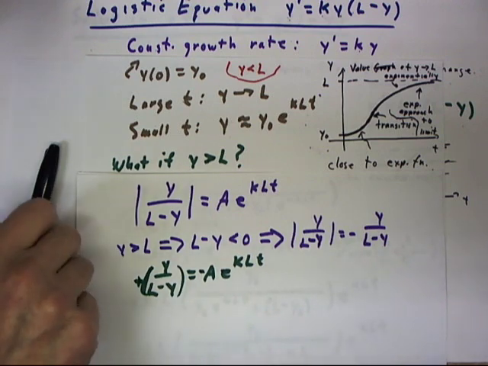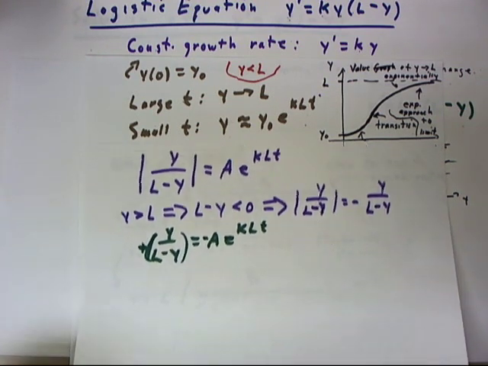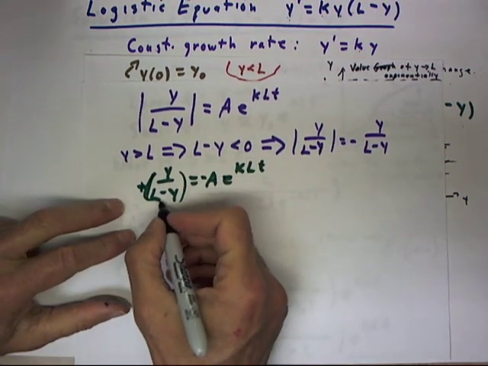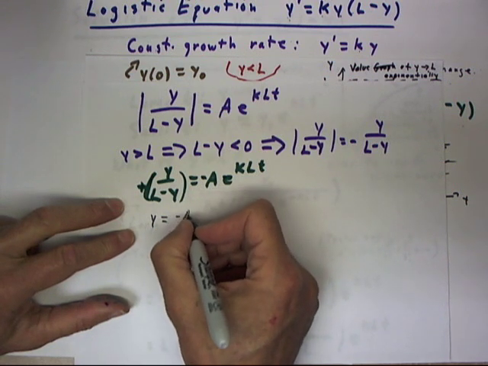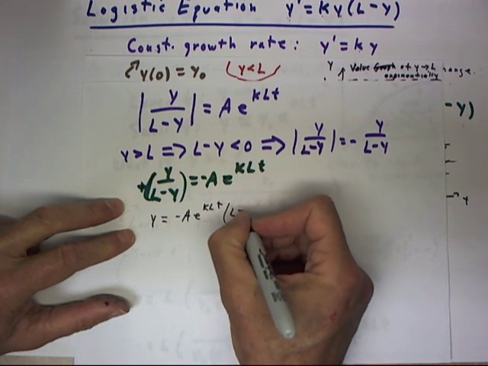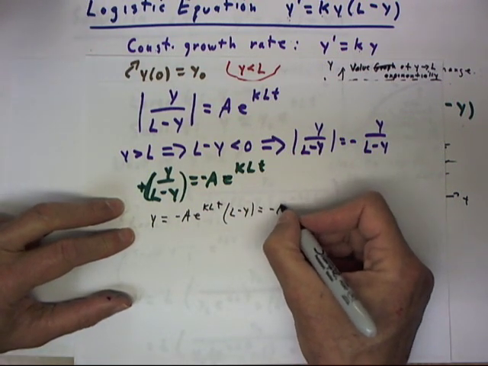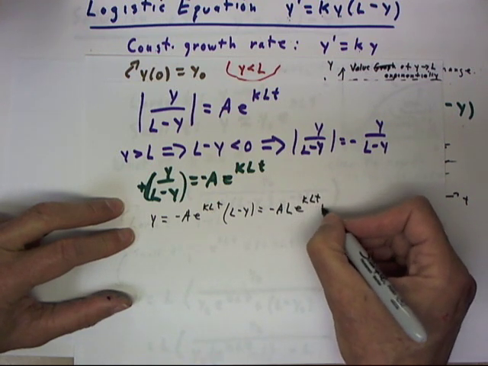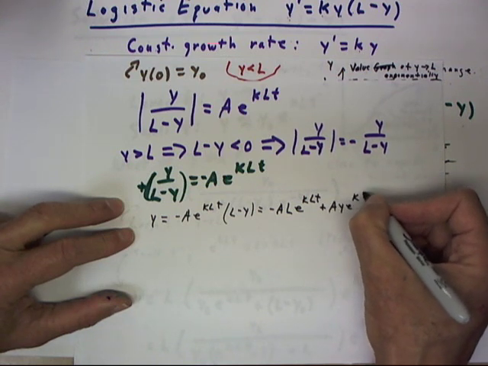Now, we can go through the details of solving this equation for y, and I'll go through those very quickly. We multiply both sides by L minus y, obtaining y equals negative A e to the KLt times L minus y, which is going to equal negative A L e to the KLt plus A y e to the KLt.